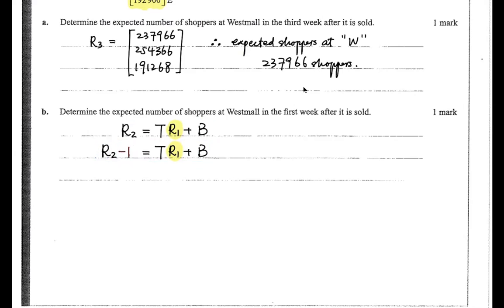So we minus a B here, minus a B here. Then we transcribe what we should get from the previous calculation. R2 minus B is T times R1, okay? Now, because our R1 is on the right-hand side, we can swap sides. T times R1 is equal to R2 minus B.